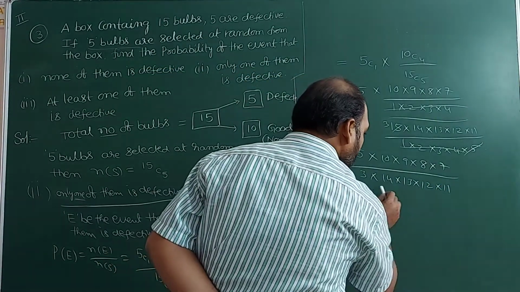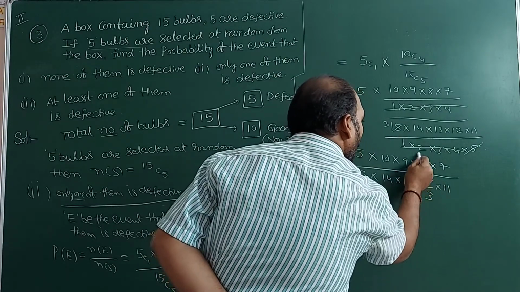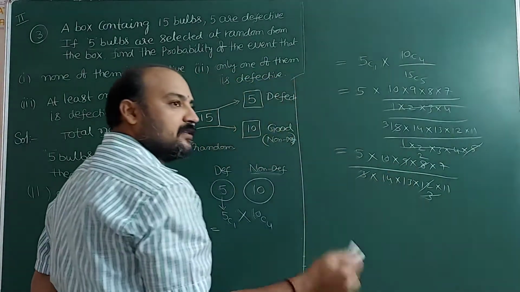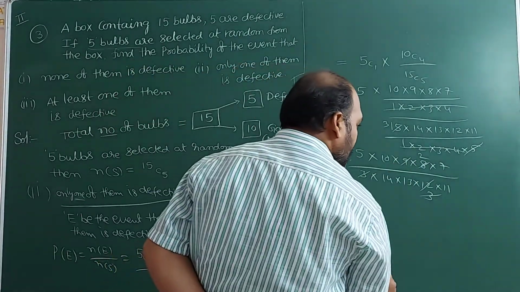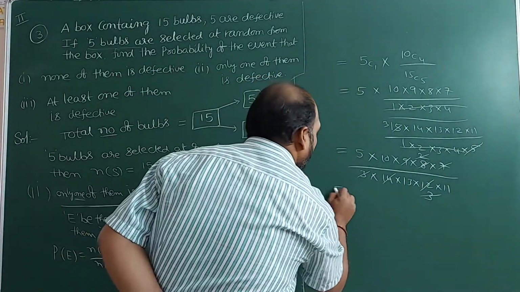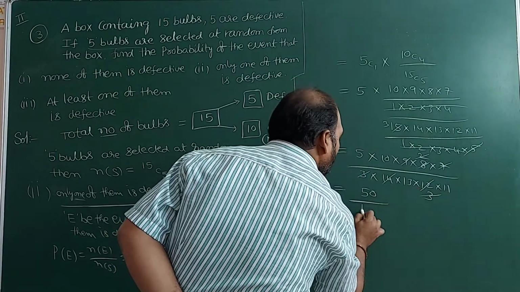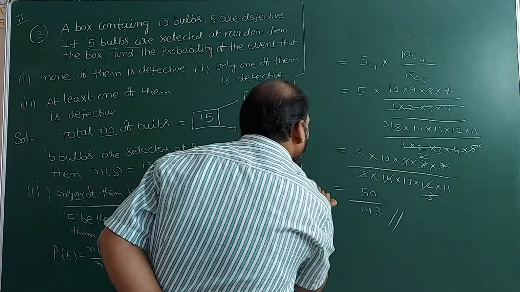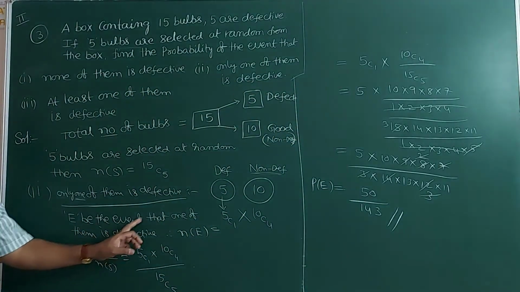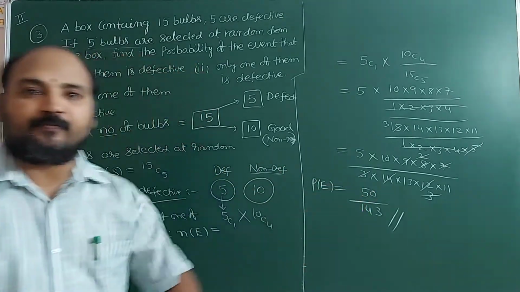So 4 threes are 12, 4 twos are 8, 3 threes are 9. Cancel that also. Next 7 into 2, 14 cancel. So the remaining 10 into 5 by 11 into 13, 143. Therefore the probability of the event E, one of them is defective, is 50 by 143.